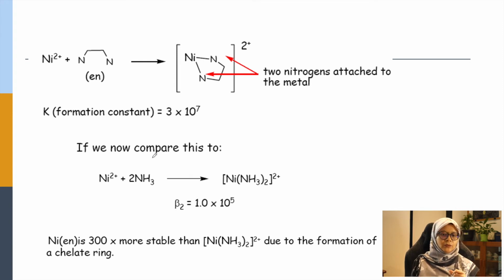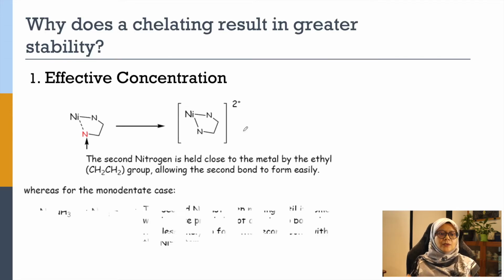So it can be concluded that the nickel with ethylene diamine is 300 times more stable than the second reaction due to the formation of a chelate ring. This is the chelate ring, which looks like a claw coordinating to the metal ion.